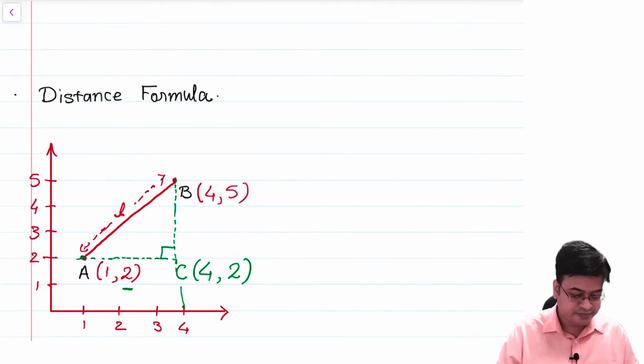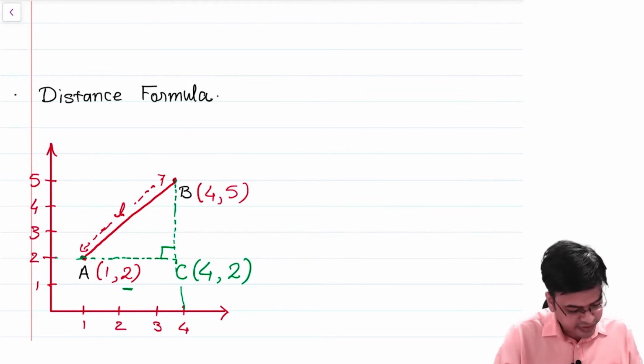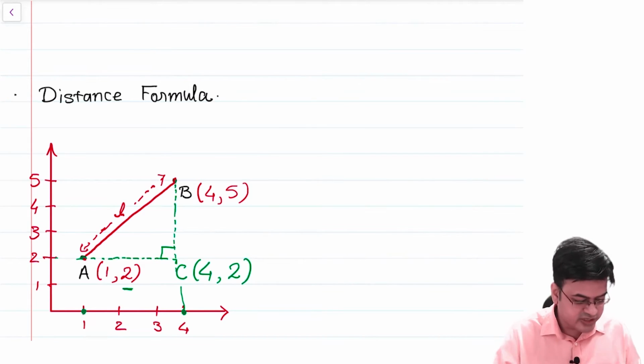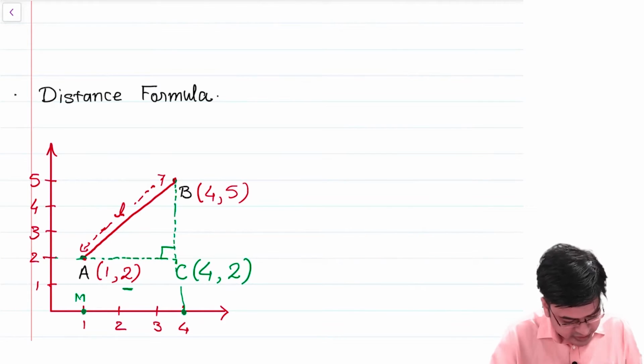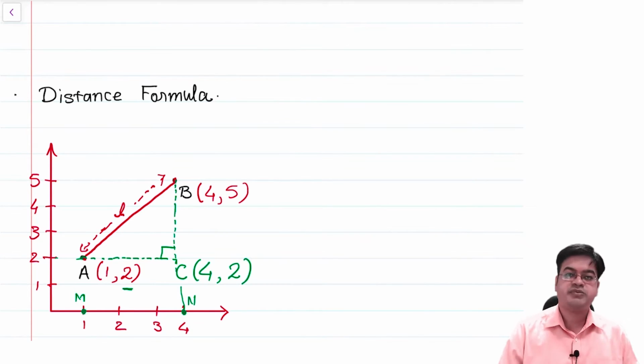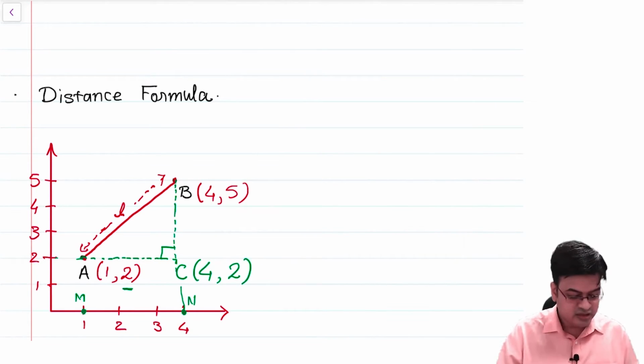Now when I talk about distance on a line, let us say some point is here and some point is here, a point M and a point N. What is the distance between M and N? You can easily say that the distance between M and N is actually 4 minus 1, which is 3 units.